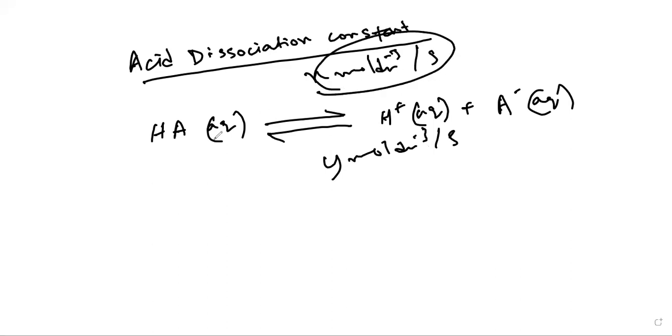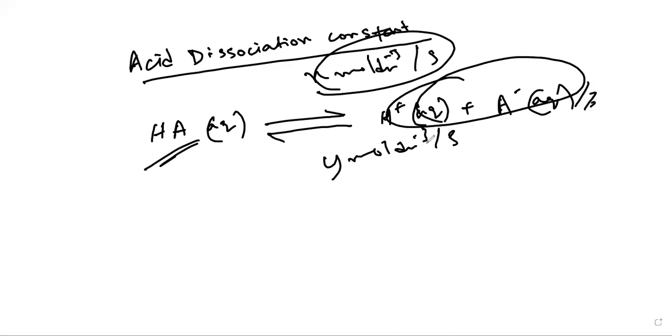That means this much, x mole per dm cube of HA, is dissociating and forming the H plus and A minus in the forward reaction. At the same time, y mole per dm cube per second means y mole per dm cube of HA is being formed per second.